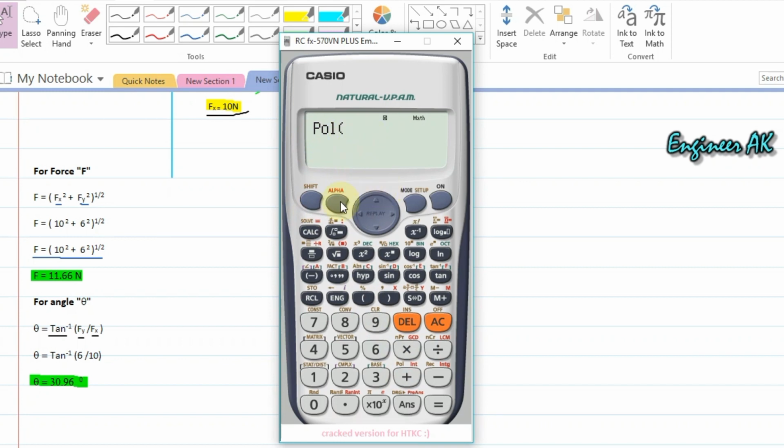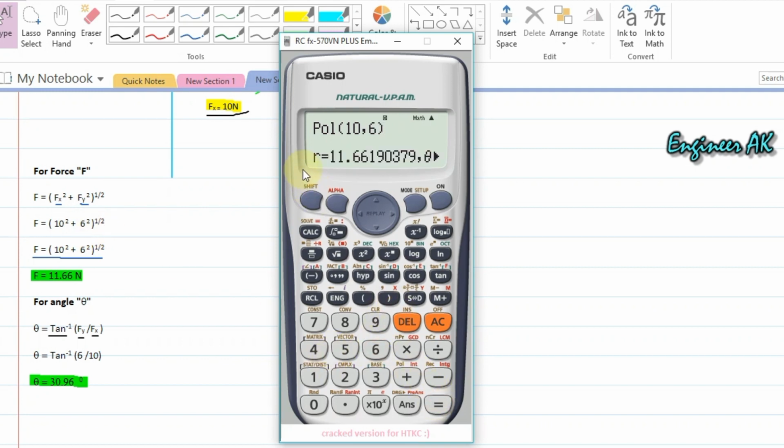Then first you have to enter the x component, which is 10. After that you put the comma, which is written in brown color, so you press shift and then comma, and then plug in the y component. Here the y component is 6, and bracket close.